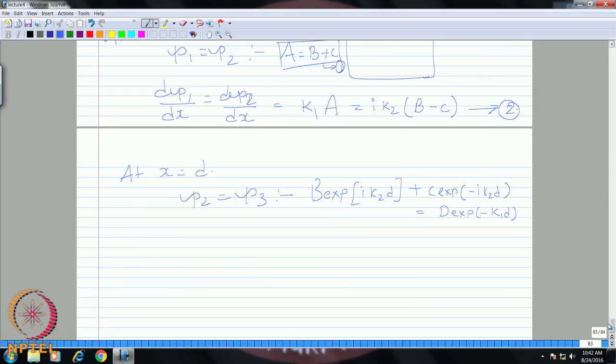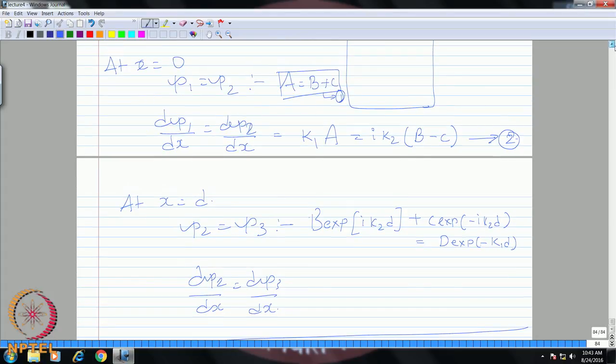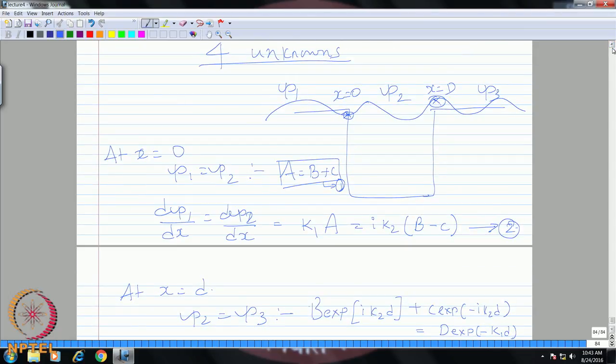Similarly, the slopes d psi 2 by dx will be equal to d psi 3 by dx. So, you can continue this exercise, find the constants, and therefore, we can find out the actual quantized energy states.